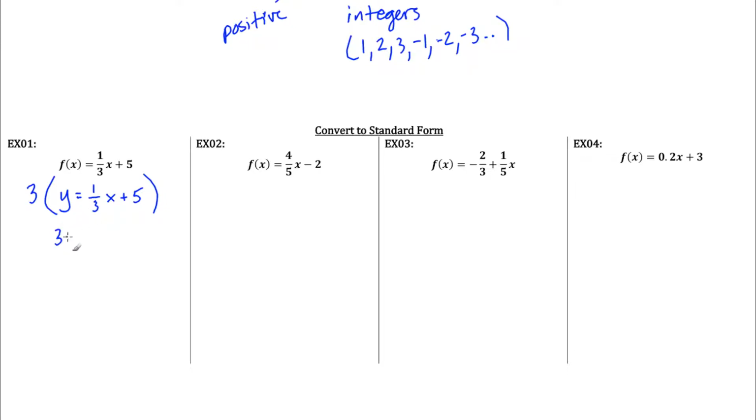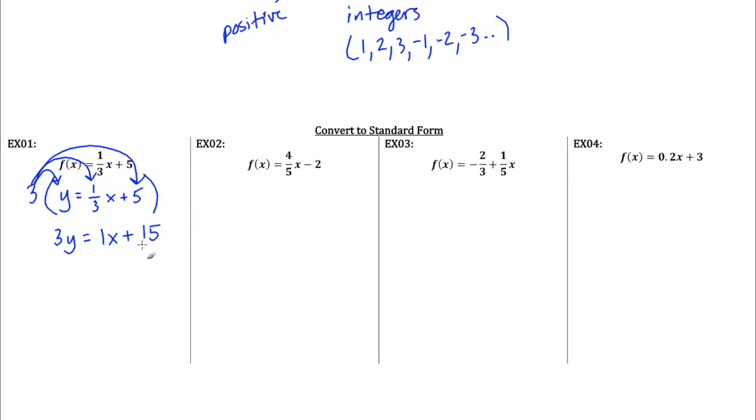So we get 3y equals 3 times 1 is 3, divided by 3 is 1, x, and then 3 times 5 is 15.